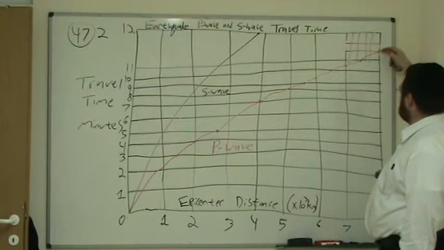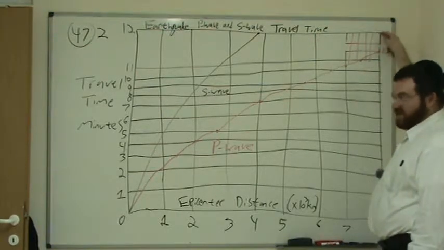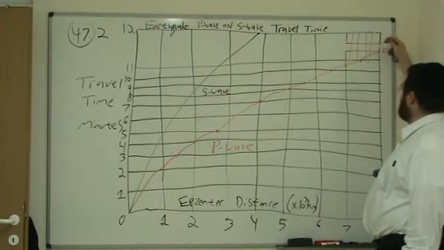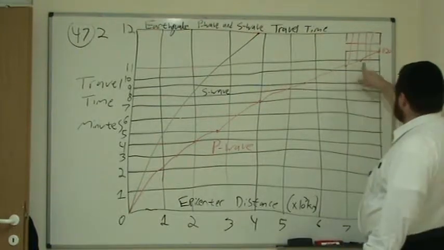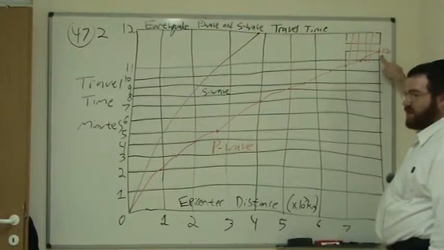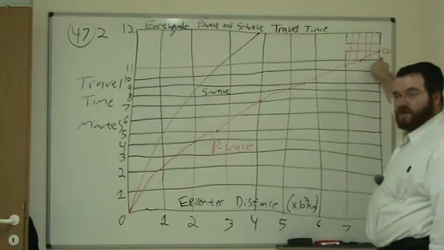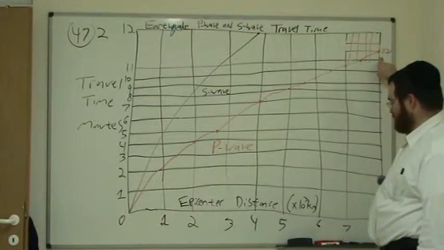This is 0, 20, 40, 60. That means the next minute is 0, so it's 20, 40. So this is 11 minutes. And 8,000 kilometers, it's 20 seconds. 11 minutes and 20 seconds. So that's answer 2. The correct answer to question 47 is answer 2.